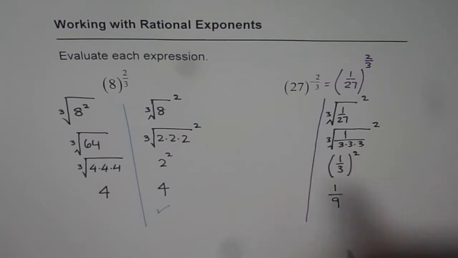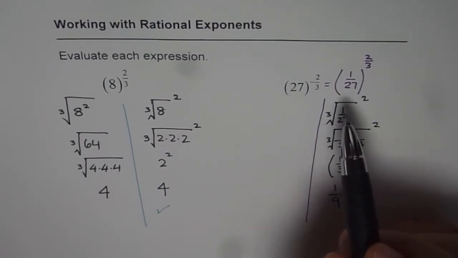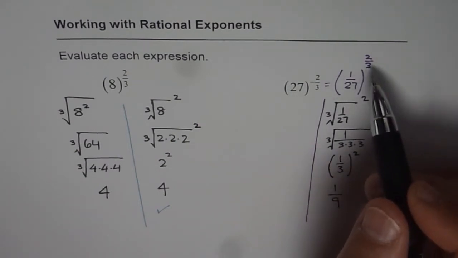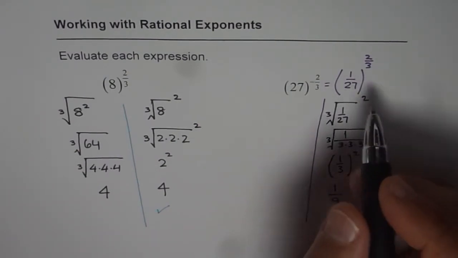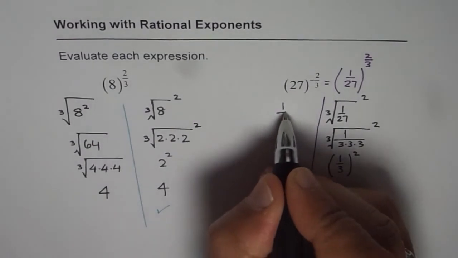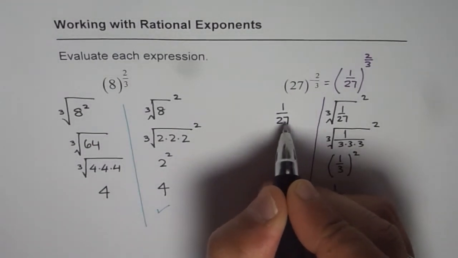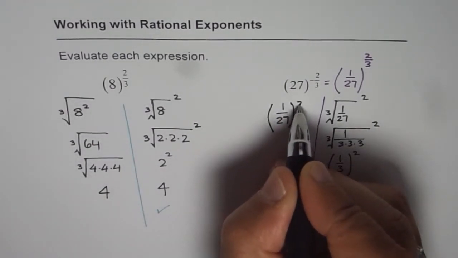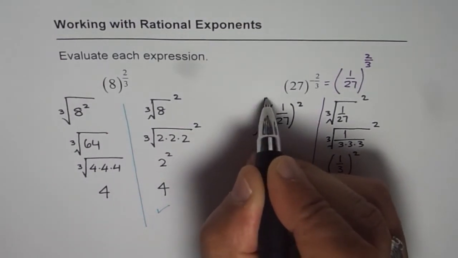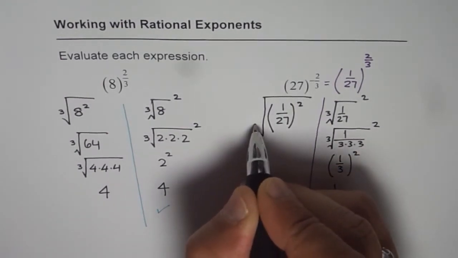In the other case, let us first get the square and then cube root it. First we'll do 1 over 27 squared, and then we will take the cube root of this expression.